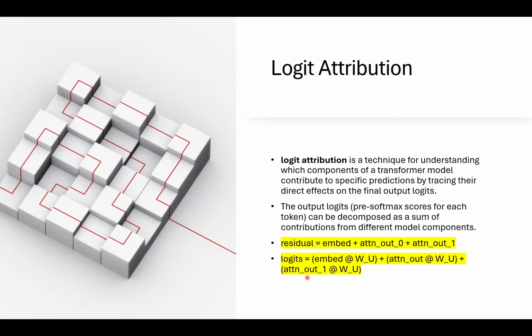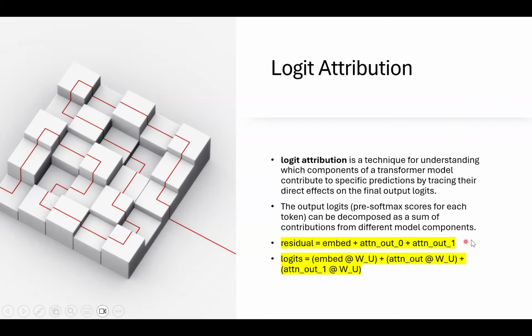So basically, as I stated earlier, the residual stream can be decomposed into a linear addition, right? So you have xi, xi plus 1, xi plus 2. And in the end, when I'm projecting hn with WU, I can basically project the embed on WU, and project the attention output of the first layer.